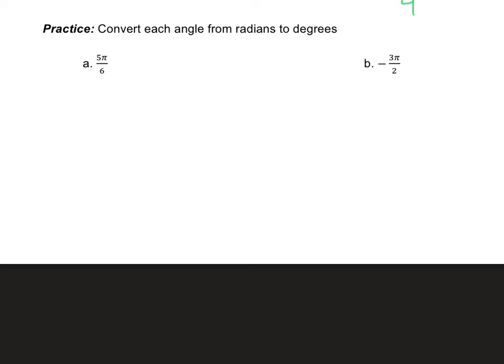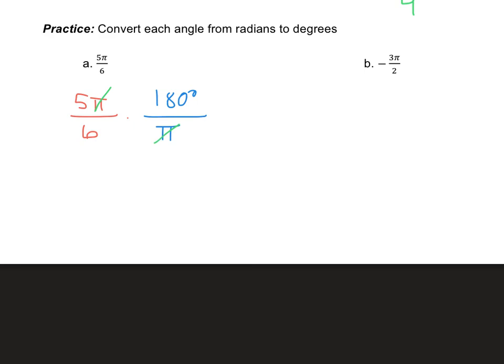Now let's go the other direction and convert 5 pi over 6 to degrees. Okay, so this time we want the pi to cancel out. So what we're going to multiply by is 180 in the numerator over pi. So there you can see that the pi's are going to cancel out. We're going to be left with just degrees.